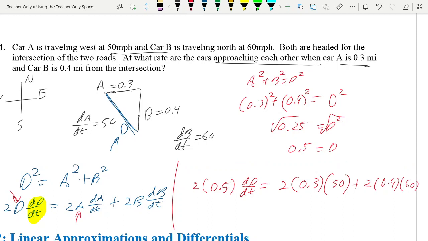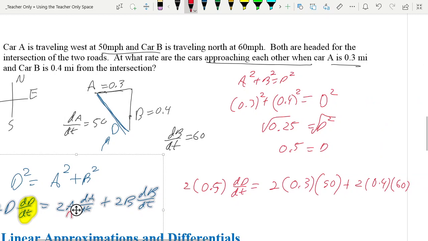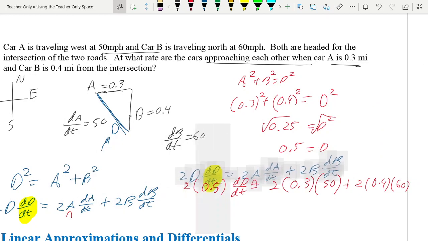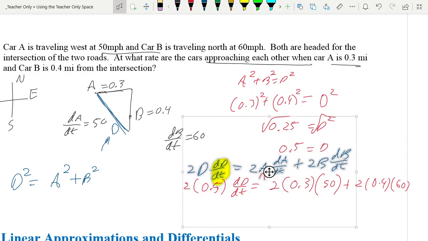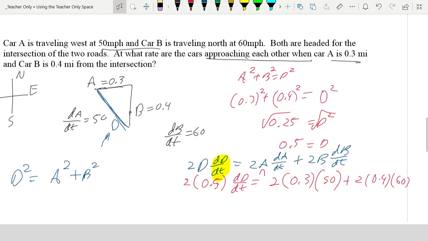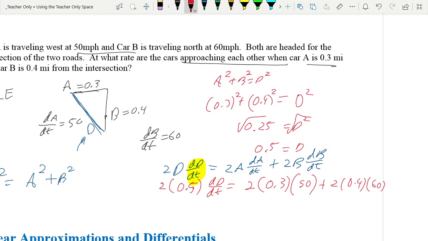And just to make sure we're crystal clear, I would hate for you to be at home saying, where's this coming from? All I'm doing is subbing it into this equation. That's all that's happening here. It's nothing magical. So I'm just subbing in D is 0.5, dD/dt I don't know, 2 times A times, right.